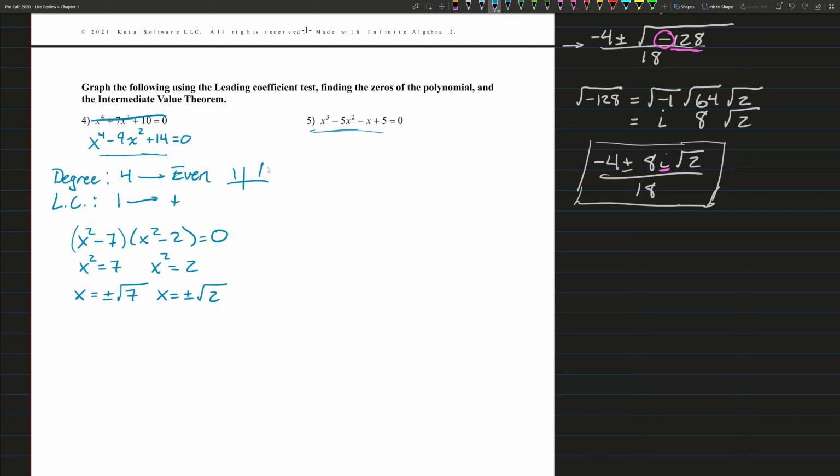The first part is the leading coefficient test to get the general shape. The second part is to get the zeros, which is what we just did. And then the third part is to test in between those zeros to get an actual picture of the graph. And for my sake, rad 2 is like 1.4, rad 7 is like 2.6.